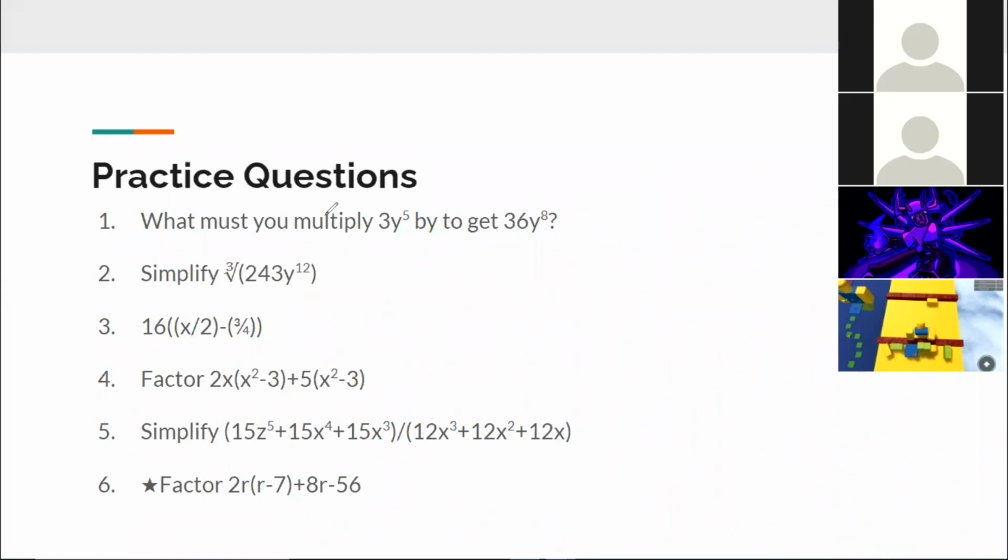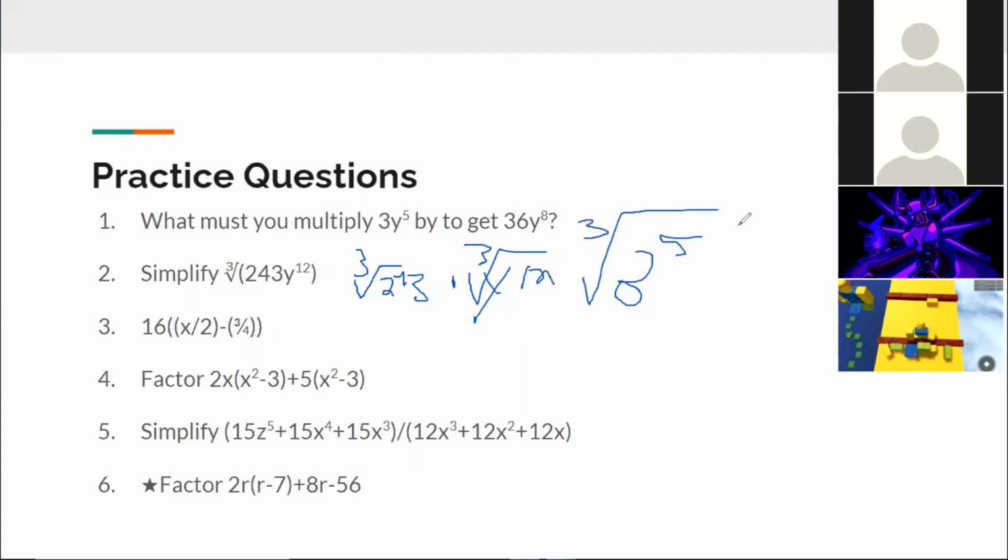And then the second one. You can multiply it out, and you get the cube root of 243 times the cube root of y to the 12th. So let's look at this part first. The cube root of 243, that's essentially the cube root of 3 to the 5th. And that's just 3 to the 5/3.